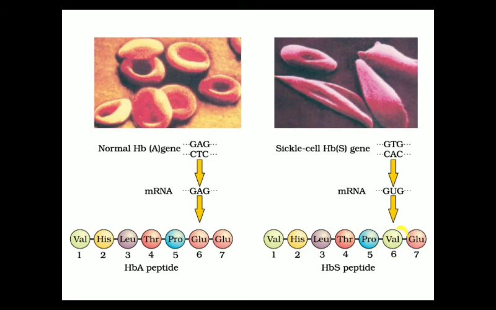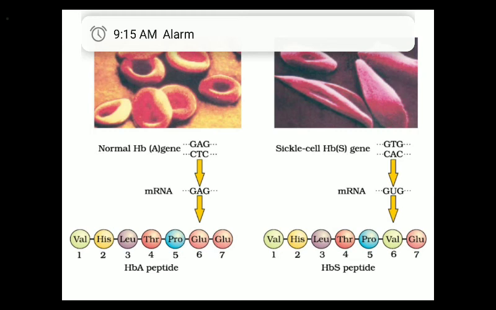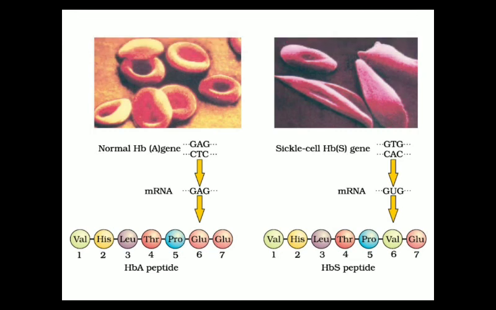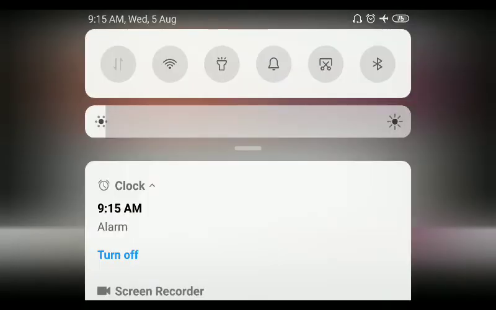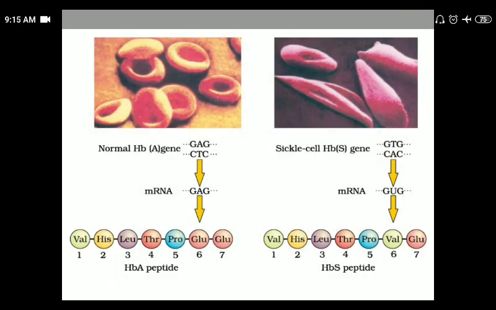So this is a very important point. And due to this change, the shape of the hemoglobin and the shape of the RBC will become sickle shape.